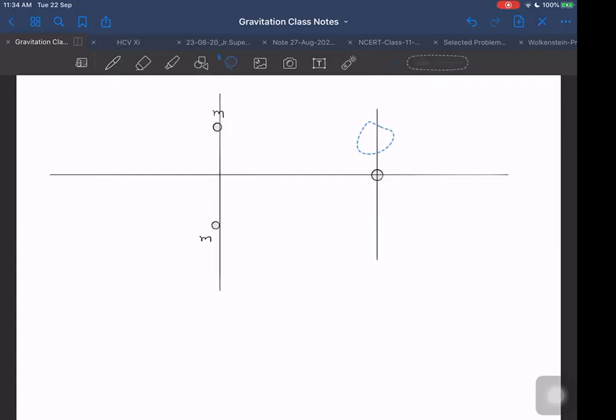Then you can say at r by root 2 it will become a null point. Now this is m, and this is also m, let us say.